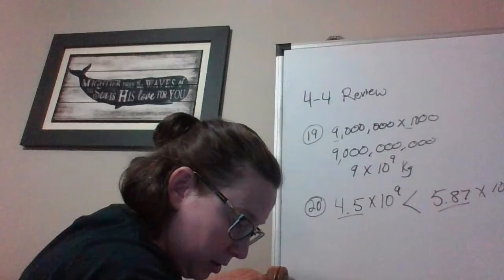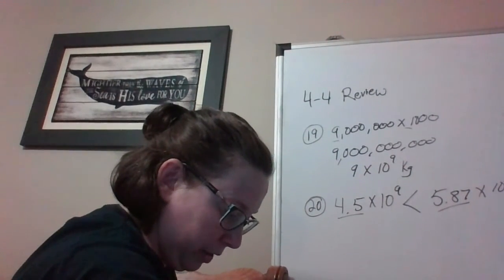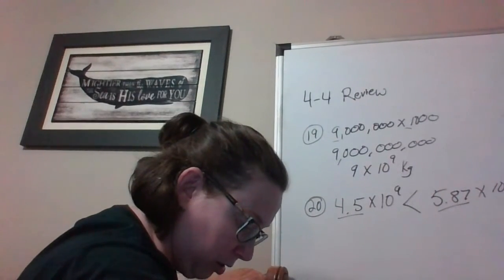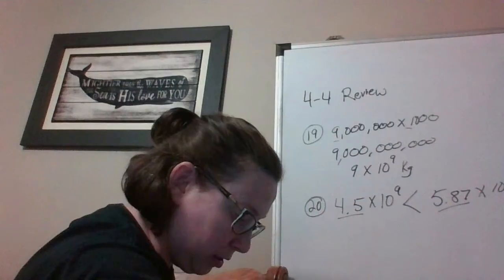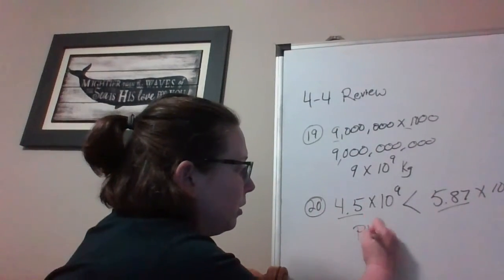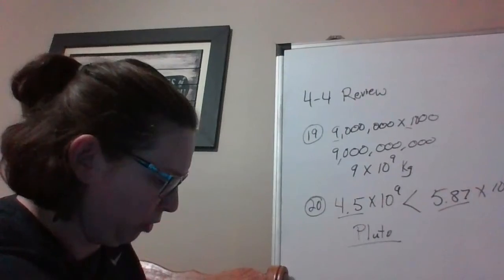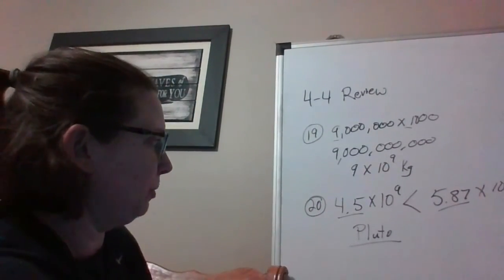What that means, the final question was, which object has the greater average distance? So it would be the second one with 5.87 times 10 to the 9th power, which is Pluto. So our final answer here is our lovely dwarf planet, not planet, maybe it's a planet, Pluto.